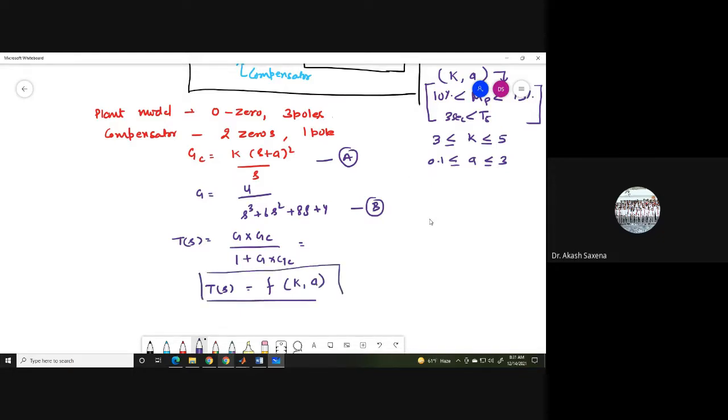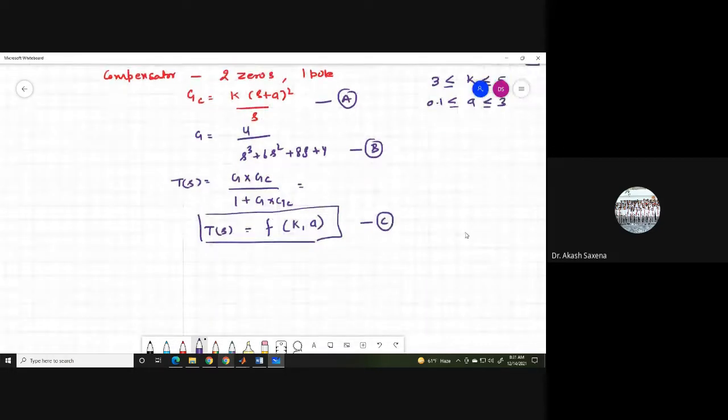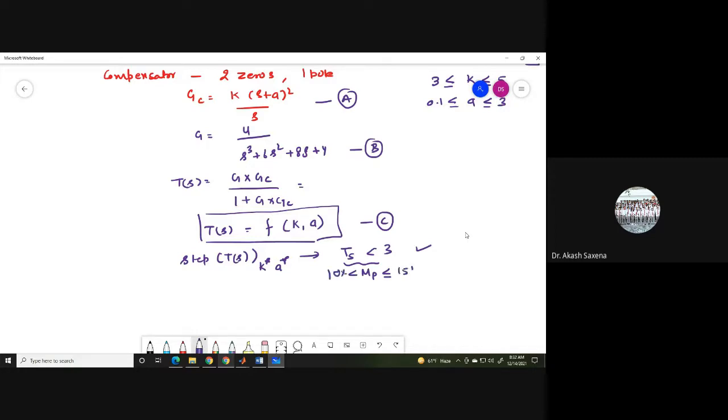This is an important part, this is equation C. Now we have to calculate the step response of T(s) with given values of K and a, and check from this step response whether the settling time is less than 3 seconds. If yes, we will accept it. And if the peak overshoot is between 10% to 15%, we will accept it.